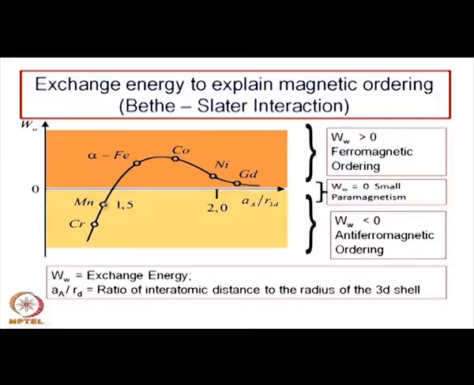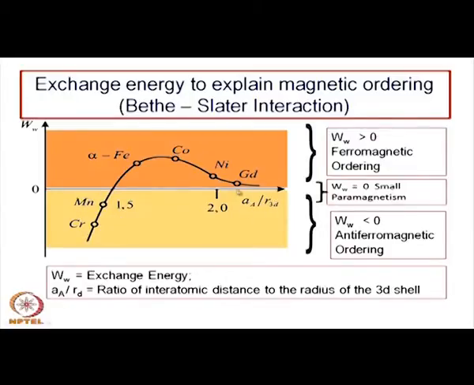So, if it is less than 0, there is anti-ferromagnetic ordering, which neutralizes each other, and therefore, the overall magnetic moment is almost nil. If it is very close to 0, W equal to 0, small, this kind of material is basically paramagnetic. So, if it is fairly lower than 0 like this, they have an antiparallel ordering.